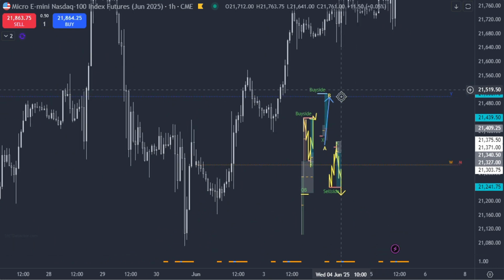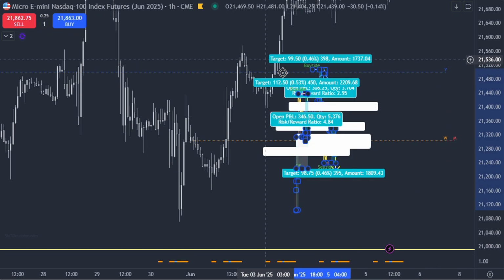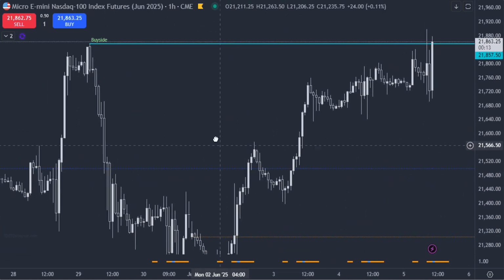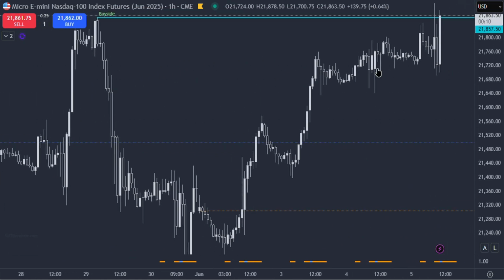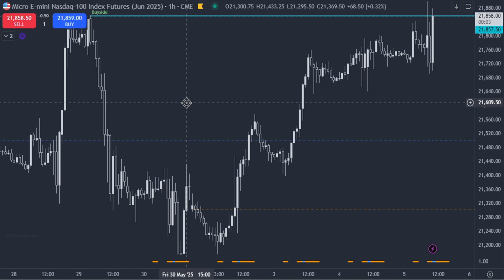So let me erase my drawings. So on the daily, so we're looking at the hourly time frame right now. And time is fractal, just keep that in mind. So you can do this on whatever time frame you choose as an alignment.